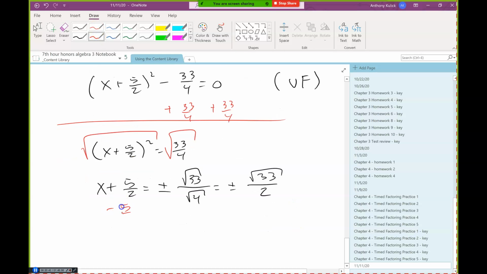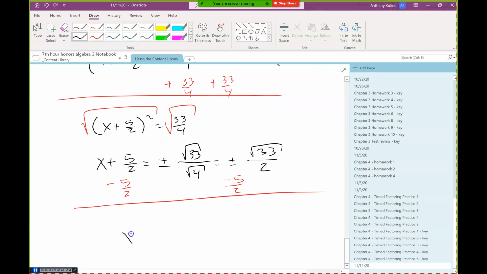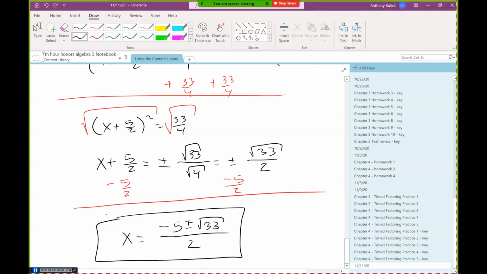And then we'll subtract 5 over 2 from both sides. Now I can't combine something in a square root with something not in a square root, but they do have a common denominator, so I could write this all as a single fraction, like that. And there we go.